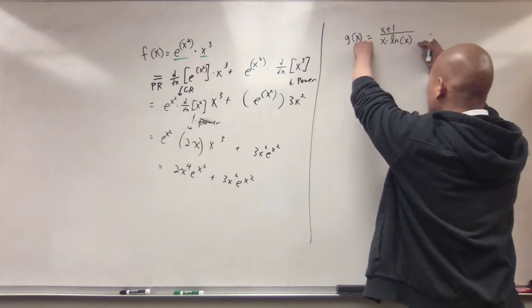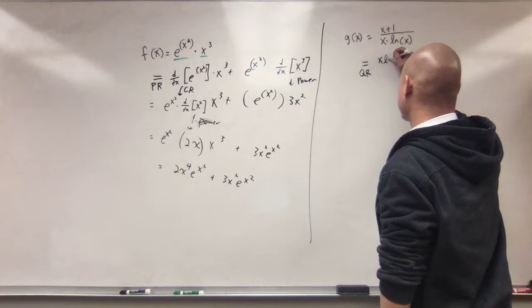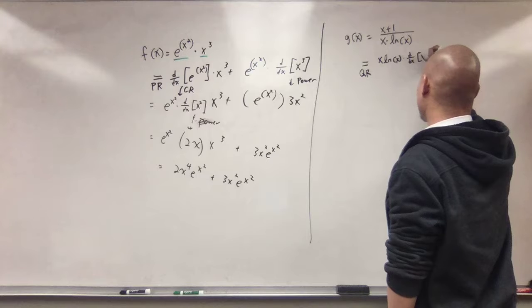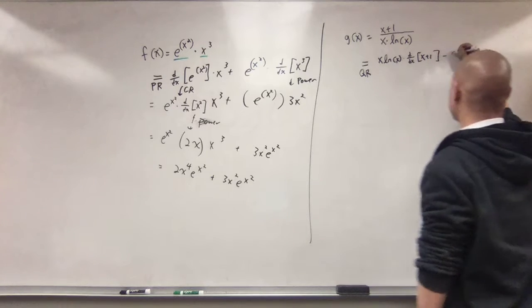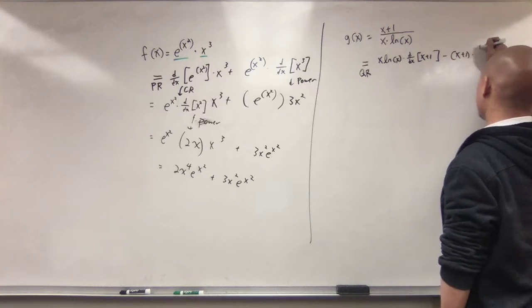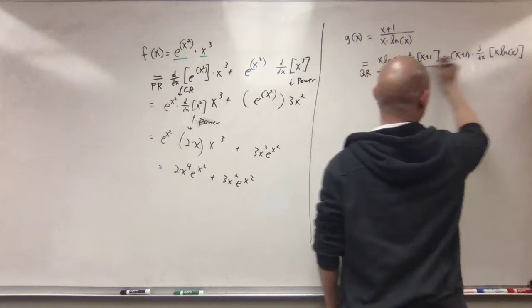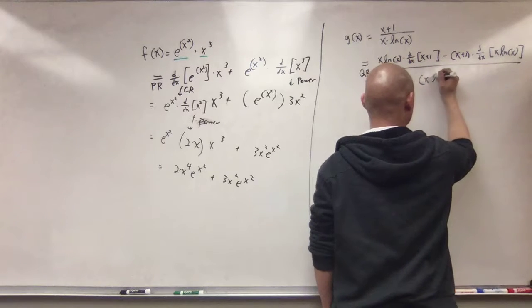So if I apply the quotient rule, I get the lower function times the derivative of the upper function minus the upper function times the derivative of the lower function, all over the lower function squared.